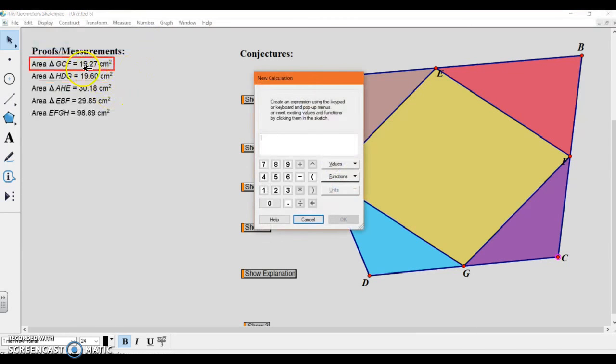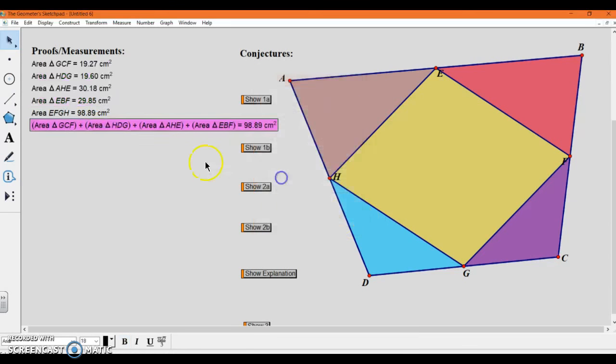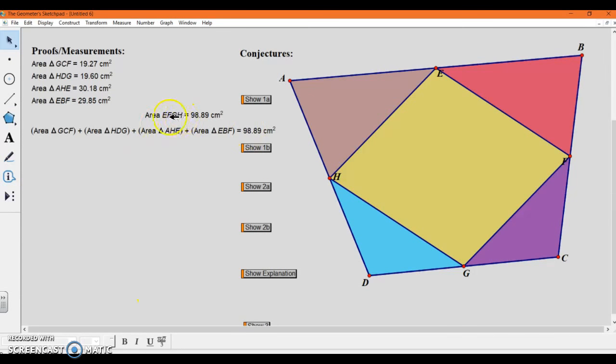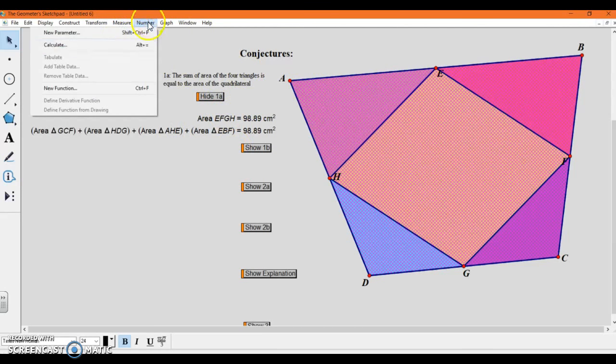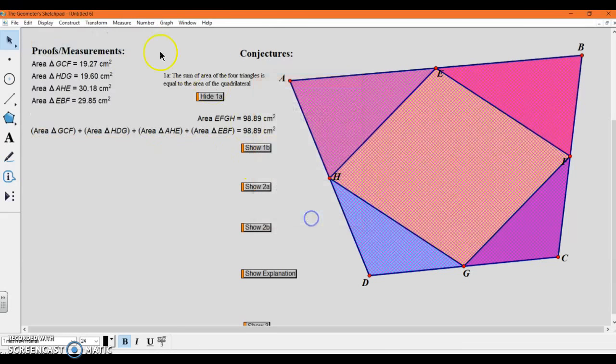This made me wonder if maybe they are equal to each other. We can use this calculation to show that the area of quadrilateral EFGH is equal to the sum of the 4 triangles created by the interior quadrilateral. I also thought, since these 2 areas are equal to each other, they must be equal to 1/2 the total area.